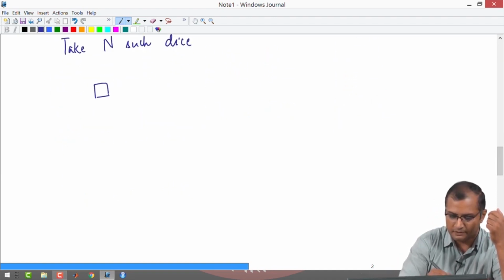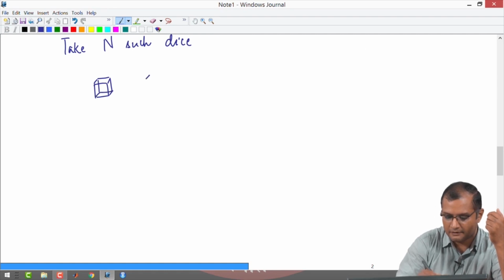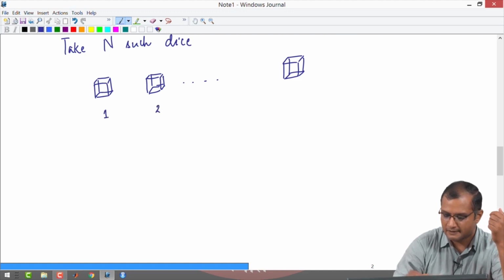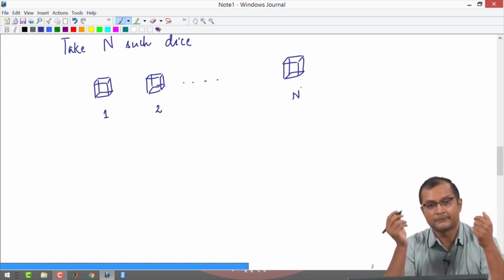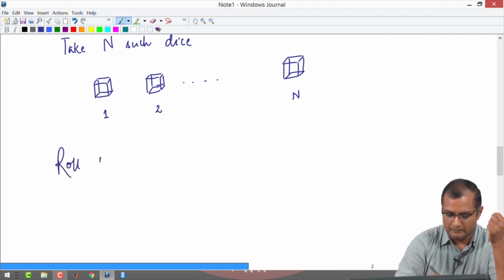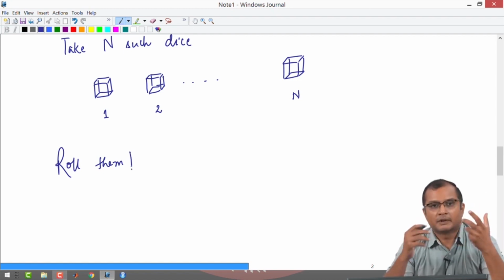So you take the first dice and you take the second one and you take the nth one, first, second and nth, and you roll all of them. Okay.